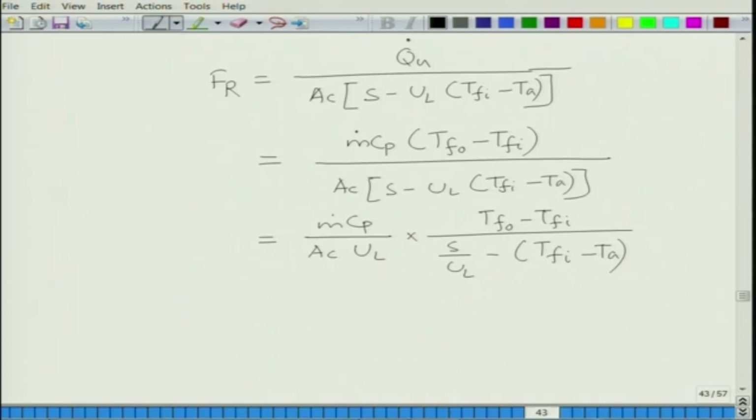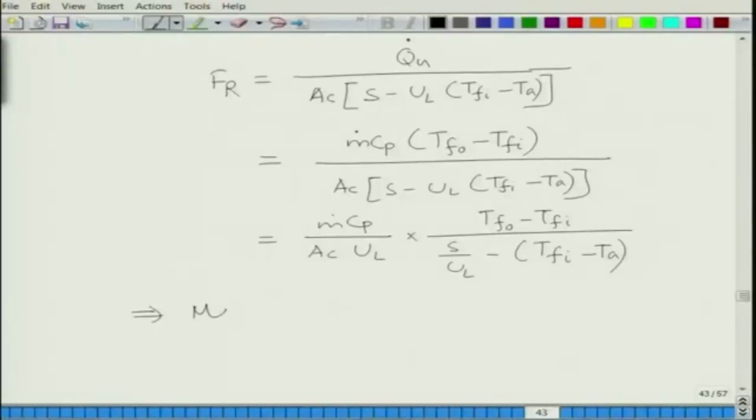Now, what we will do, we will use some addition and subtraction on the numerator, so that we can get a similar form as in the denominator.